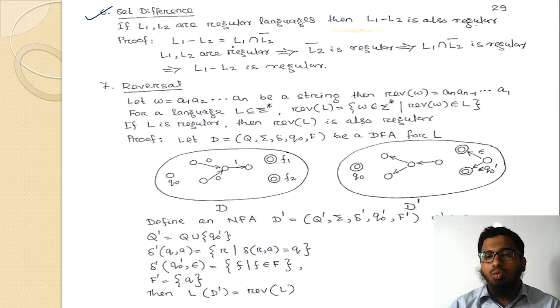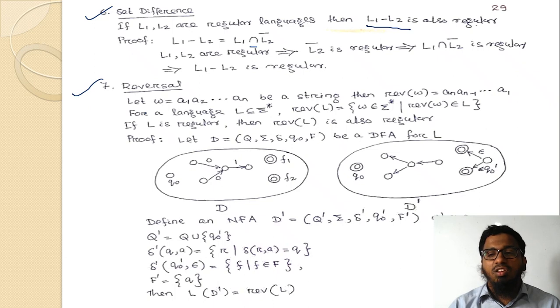L1 minus L2 is L1 intersection L2 dash. So here L1 and L2 are regular, then L2 dash is regular, and L1 intersection L2 dash is regular. So when all of these are regular, we can say L1 minus L2 is regular.